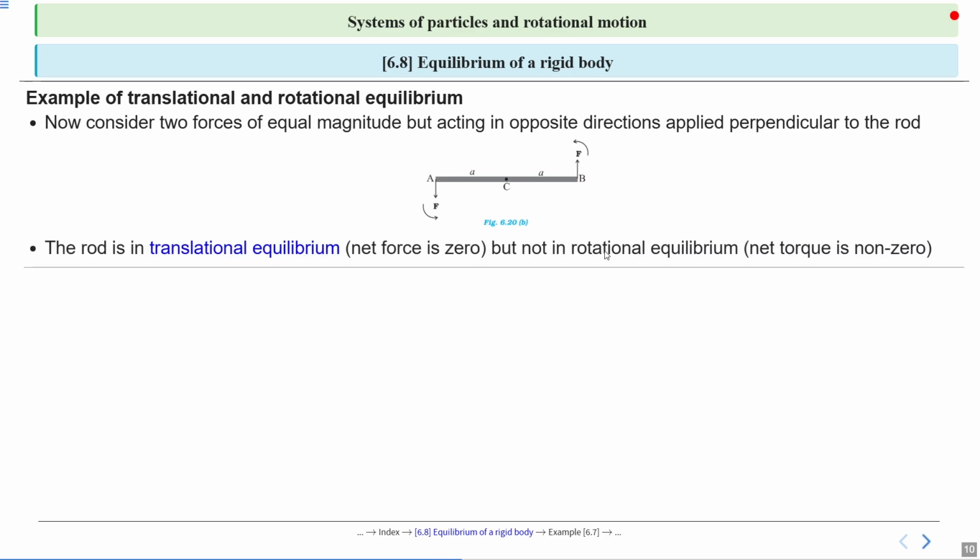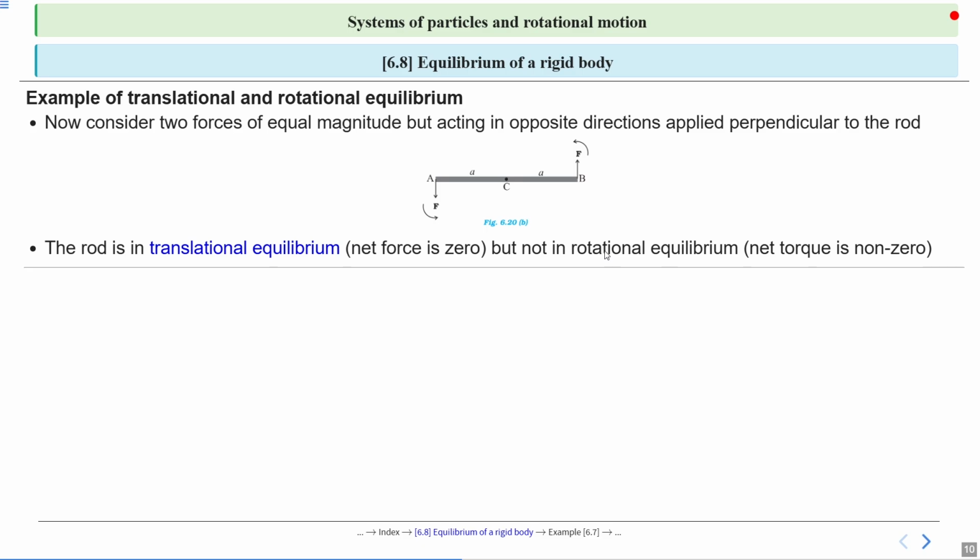So the rod is in translational equilibrium, but not in rotational equilibrium. Yes, the body is in translational equilibrium because there is no linear acceleration. But the body is not in rotational equilibrium because there are forces acting at the ends of the rod. The forces acting at the ends of the rod give rise to rotation.